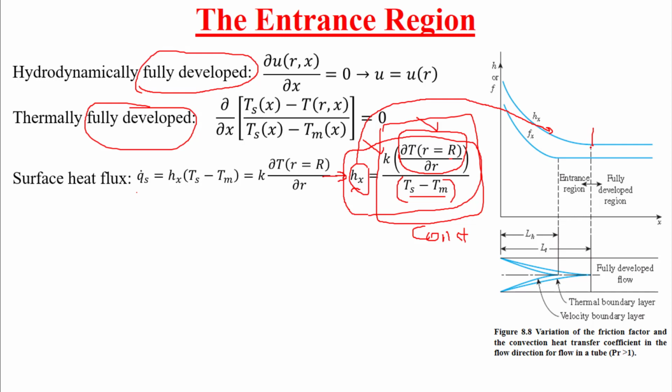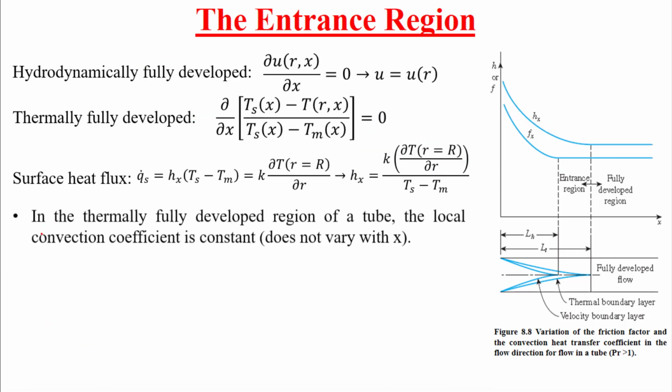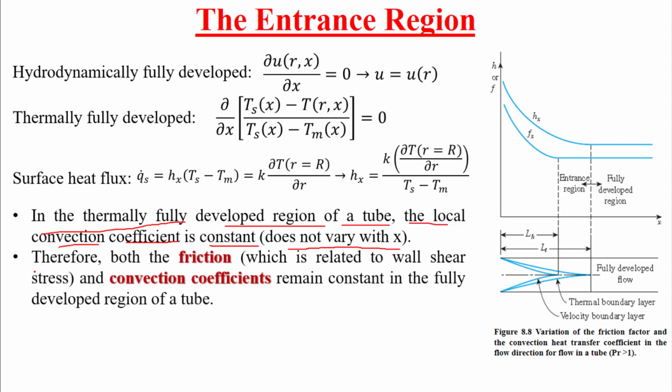h starts to be constant after we enter the thermally fully developed region. So in the thermally fully developed region of a tube, the local convection coefficient is constant and does not vary with the location x.